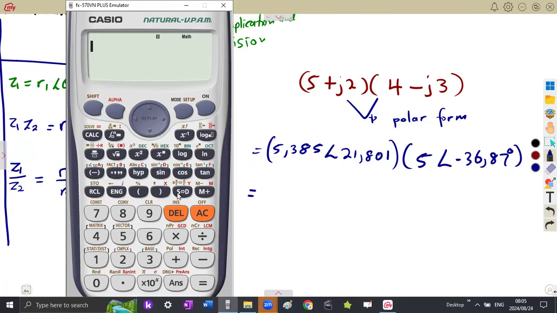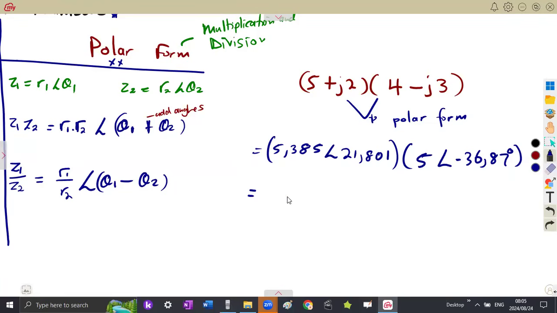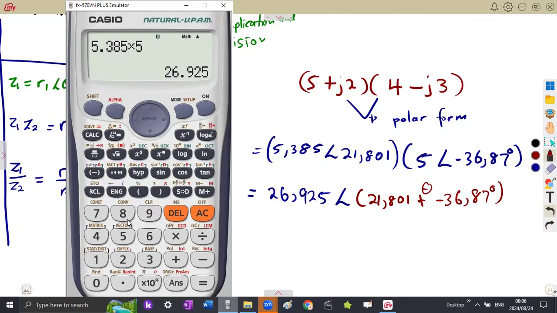So multiply the numbers: 5.385 times 5. This is going to give us as a decimal 26.925. The angles, as we saw, we're going to add. So we're supposed to add 21.801 plus minus 36.87. As you can see, plus and minus is going to give us a negative at the end.